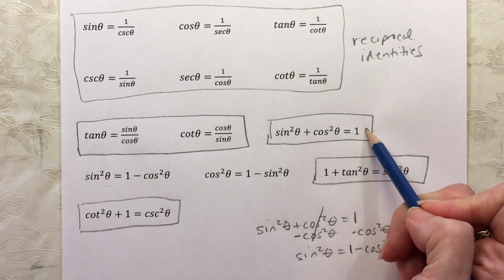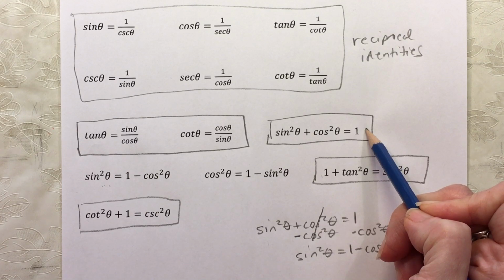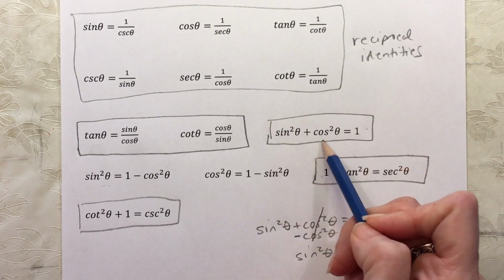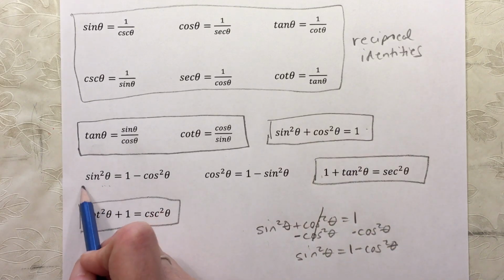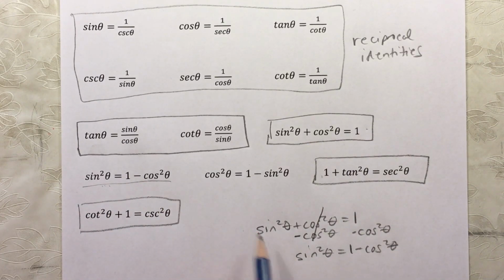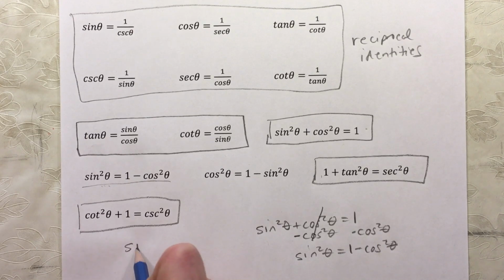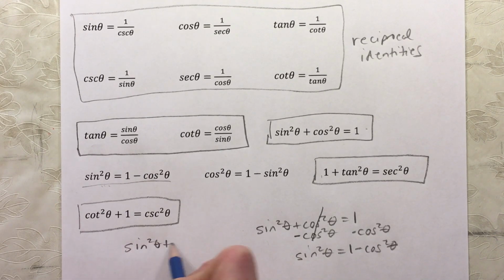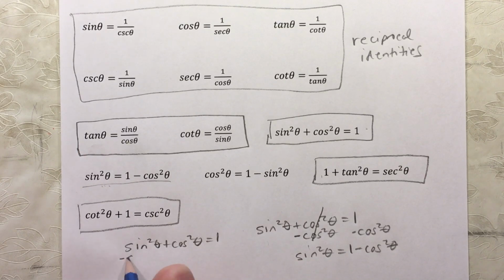Since this is an identity that's been proven, that's always true, any way we rearrange it will also be true. So this one's also true. And then in the same way, we could have decided to get cos squared theta by itself by subtracting sine squared theta on both sides.